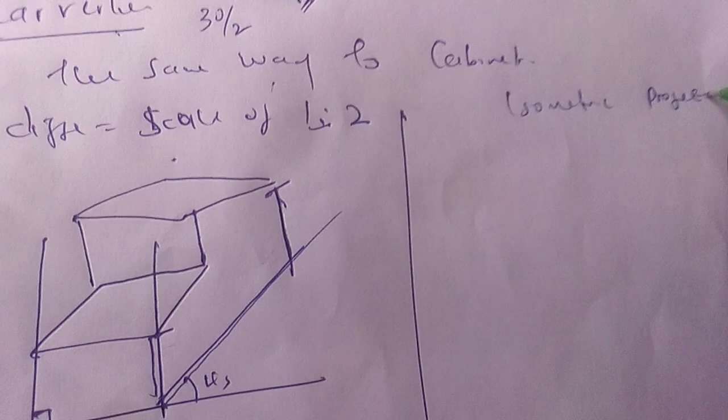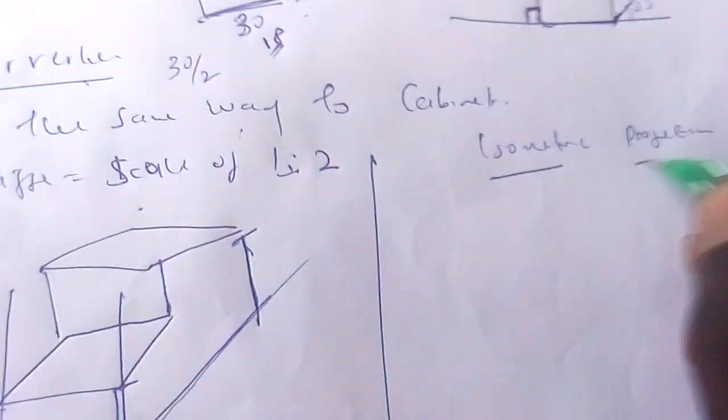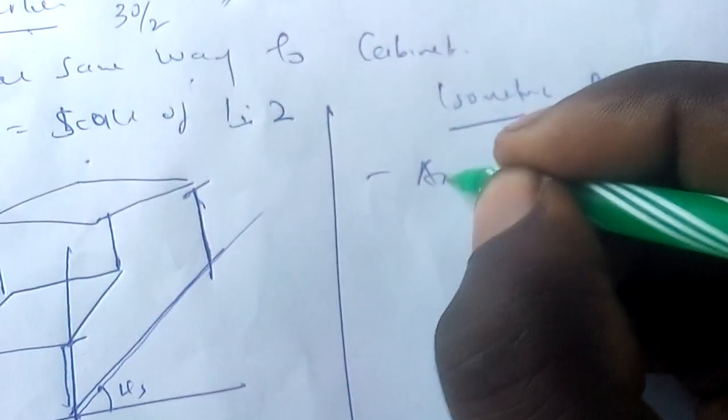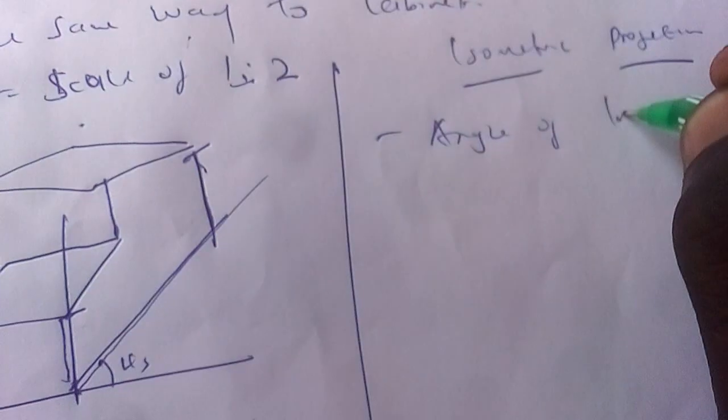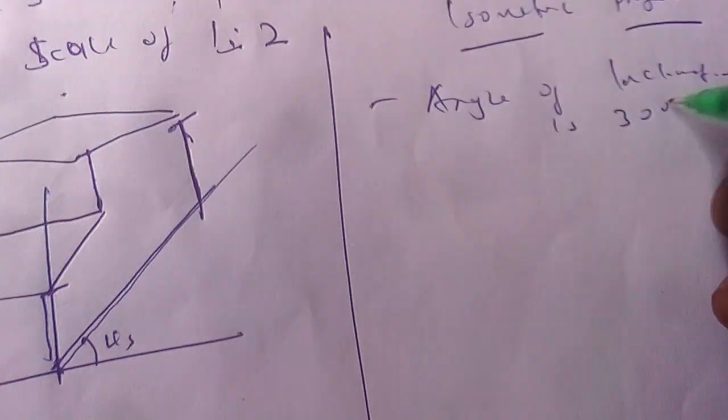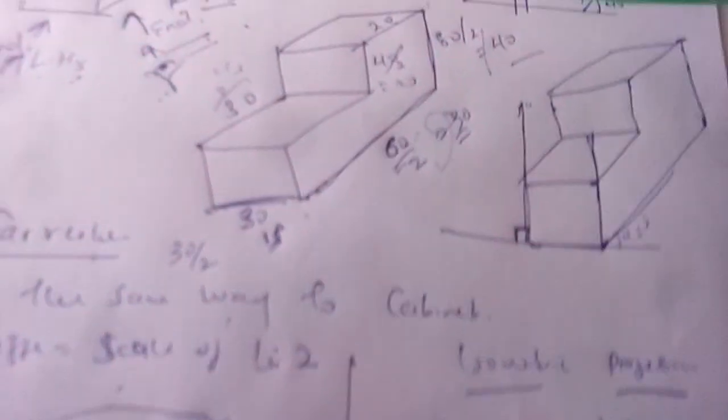Now we look at isometric projection. In isometric projection, the angle of inclination is 30 degrees. For example, we will use the same block.